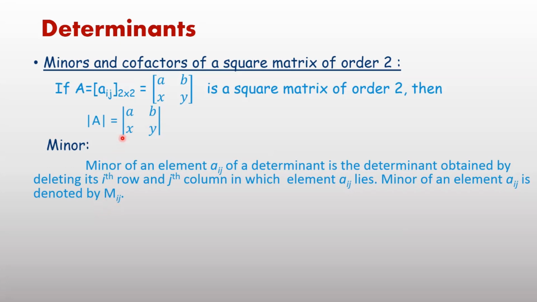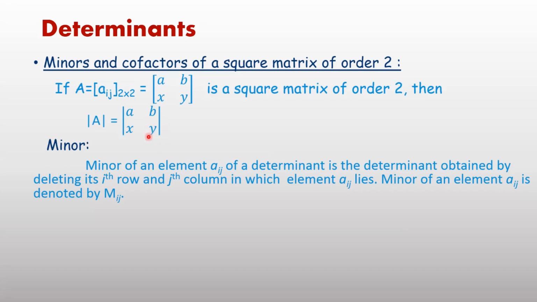Now, can you guess the value of minor M11? Minor of a means delete first row and first column. The element a is present in first row, first column. Delete first row, first column. Then what remains? y remains.